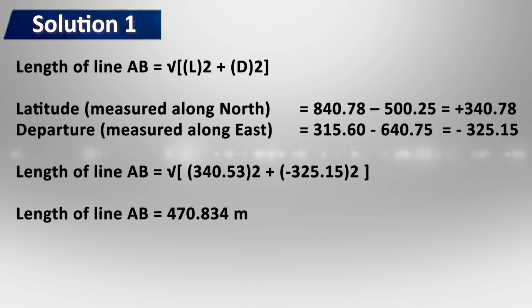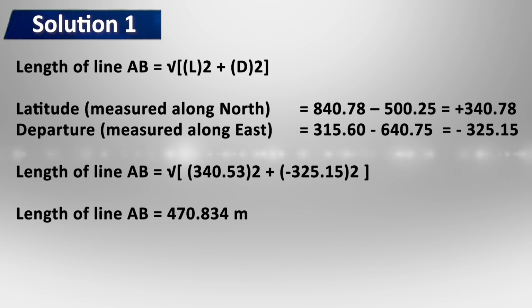Now to calculate the length AB, let l be the length of line AB and theta the reduced bearing of line AB. Remember, we will always make use of reduced bearing for calculating latitudes and departures.